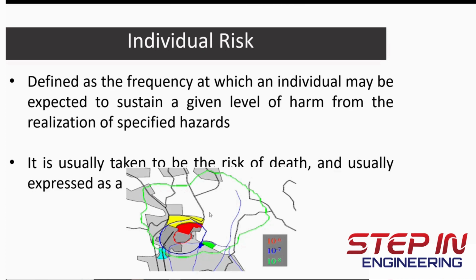So what are all the risks associated with people? How can we express the risk in terms of people? For example, if a tanker is passing on a road, or if a tanker is standing in the petrol bunker and suddenly catches fire, whoever is standing near the tanker will be exposed to the fire radiation, or they may catch the fire also.